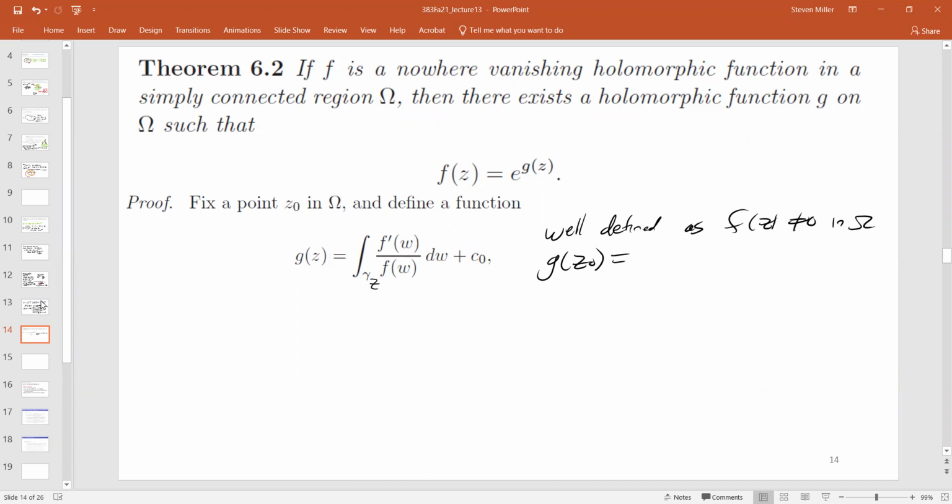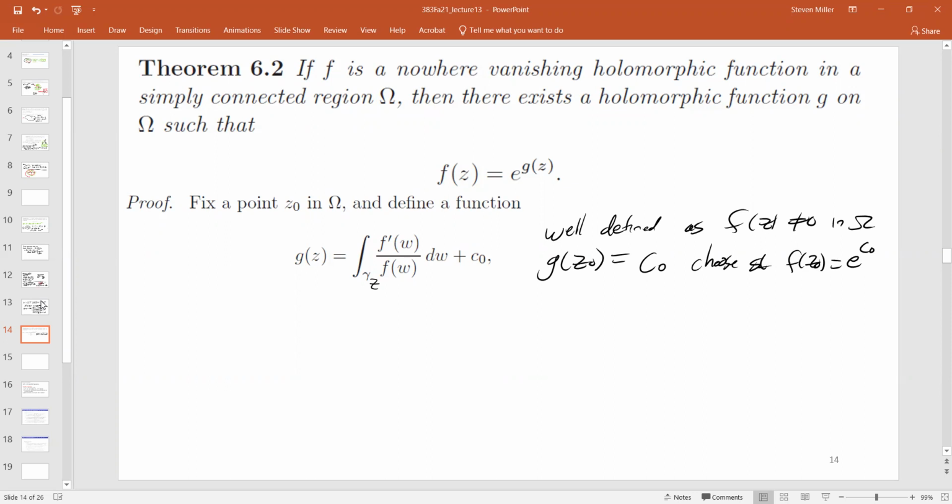Yeah, it's just equal to our constant c naught. And so we choose it so that f of z naught is equal to e to the c naught. Because f is not 0, there is a way to do that. If f was 0, we would have to worry about that, because we can't write 0 as an exponential. So everything is looking very good.